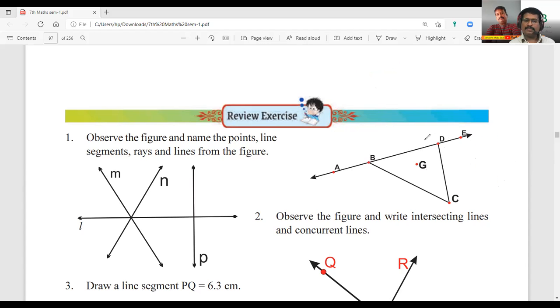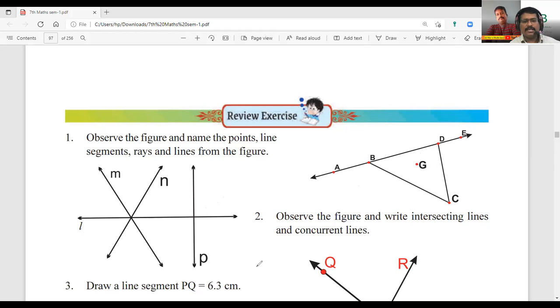Next, AD line segment, you can take AD or AE line segment, whatever it may be. Next, BC line segment because it has two endpoints. Next, CD line segment because it has two endpoints. This is a point Z. Next, DE line segment and so on.